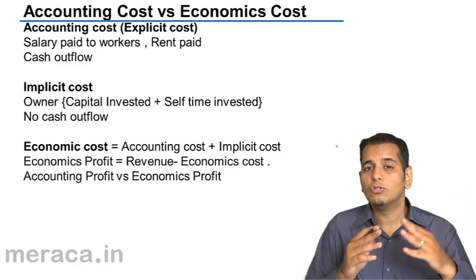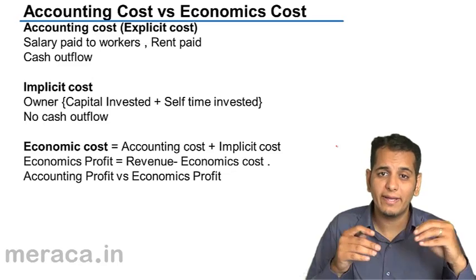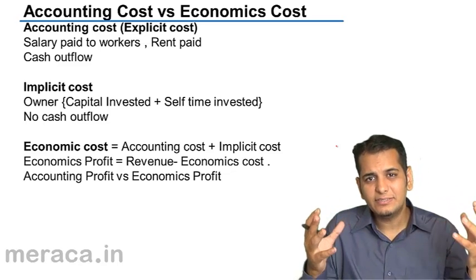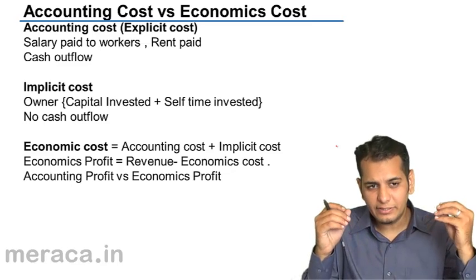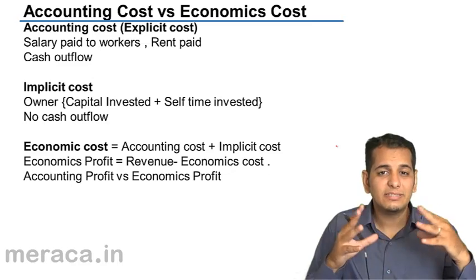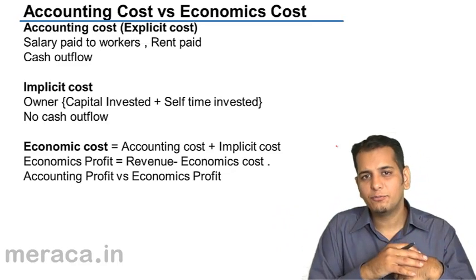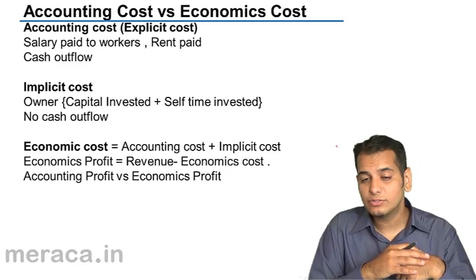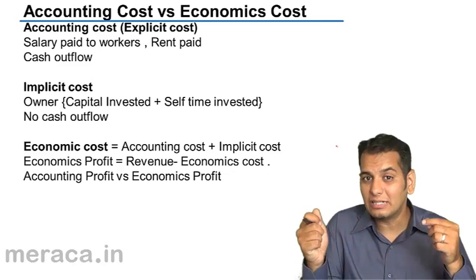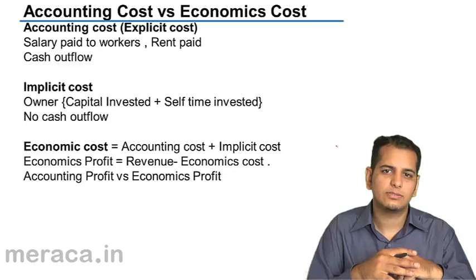These costs are also called explicit costs. Now, why are these called explicit costs? Because it is very easy to understand, it is very easy to see, it is very easy to perceive these costs. When I pay salary or wages to my worker, I can see that I am incurring some cost. It is easy to conceive such costs.